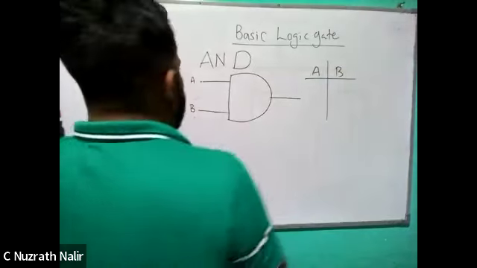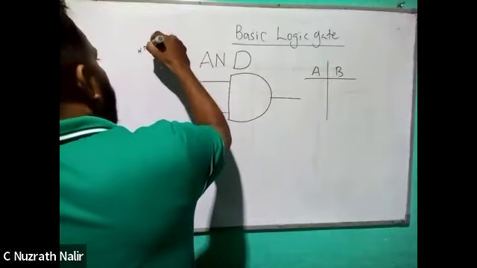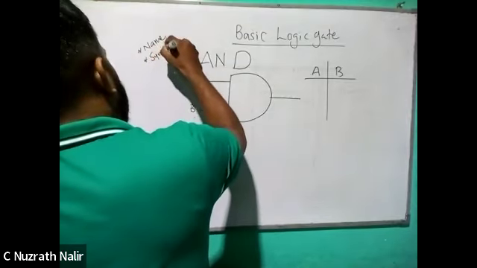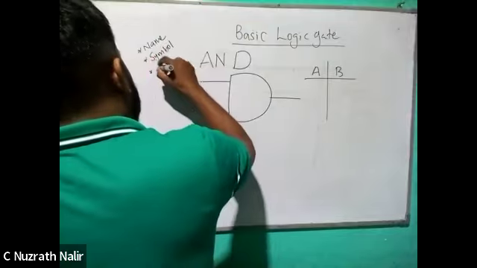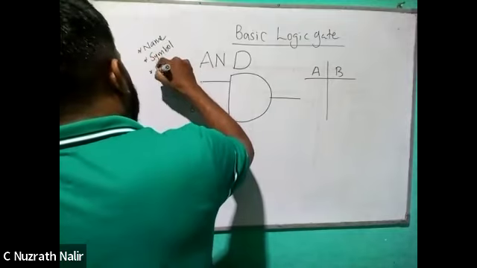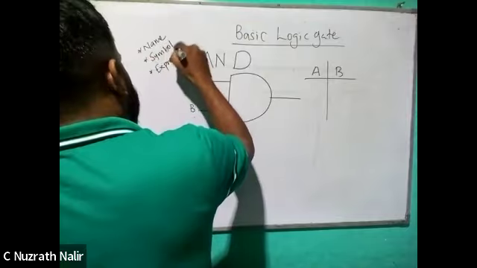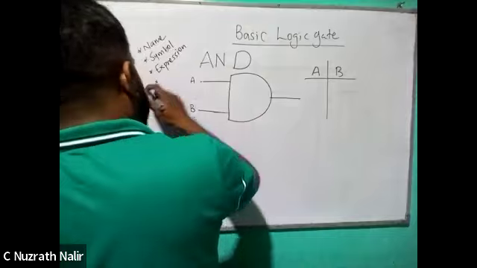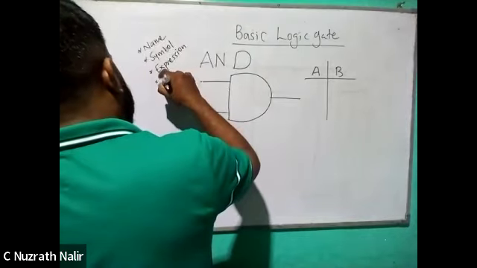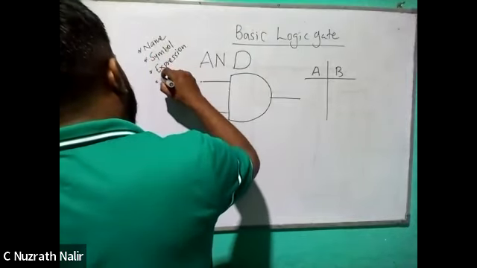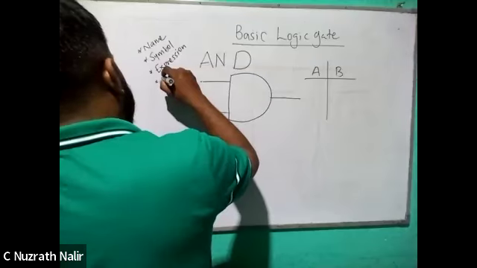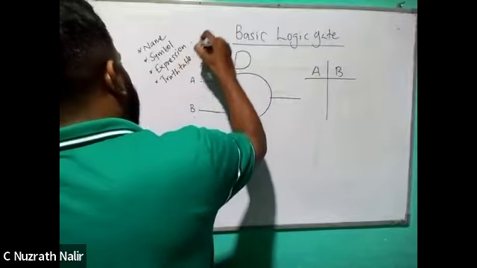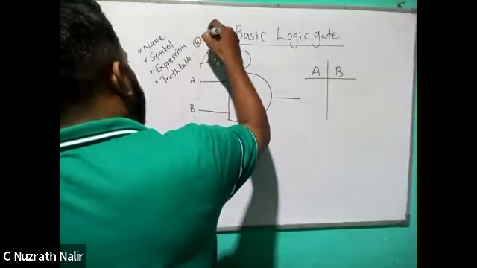So to learn this one, we should know the name of the logic gate, second the symbol of the logic gate, third the expression, and thereafter the truth table and the electrical diagram also.